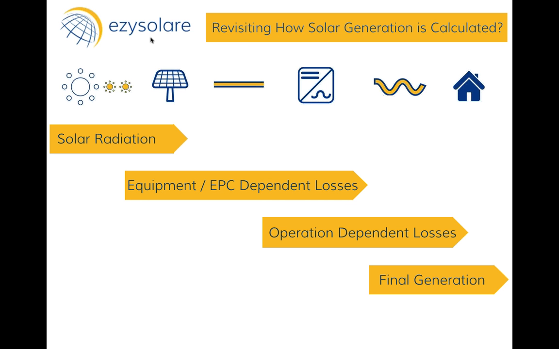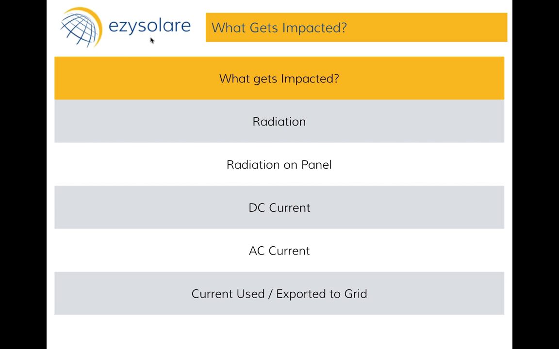Now, in terms of losses, what I explained earlier is the process. But in terms of losses, once you get the solar radiation, there are some losses which are dependent on equipment or EPC, that is the quality of work done or the quality of equipment which is installed. Some losses are dependent on how you are maintaining and operating that power plant, which lead to the final generation.